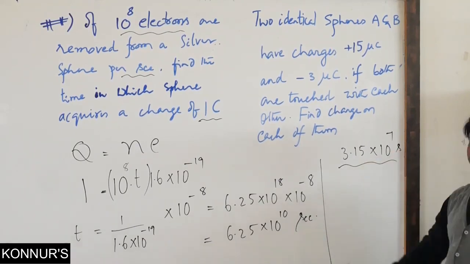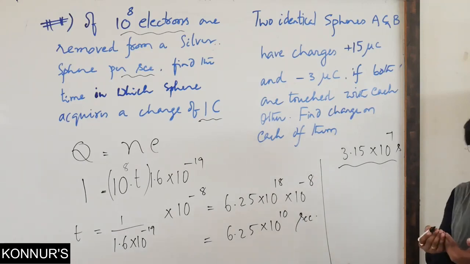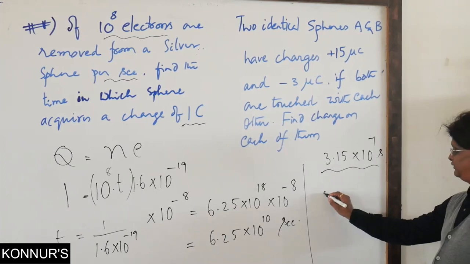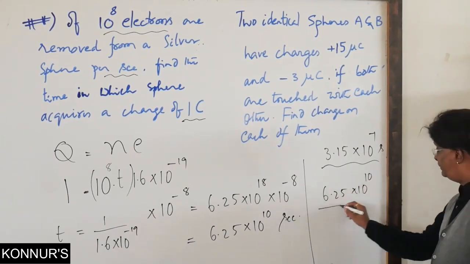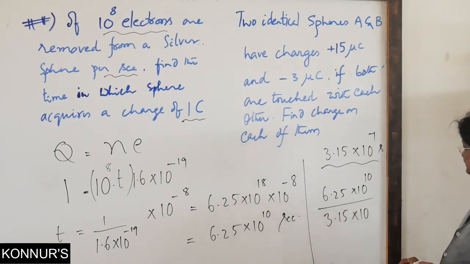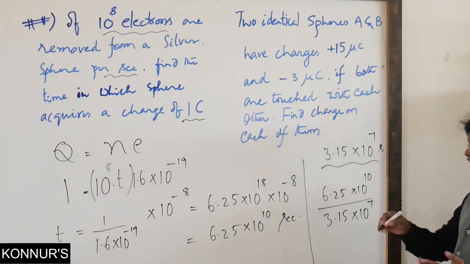Now look at this number. You have 10 raised 10. So how do we estimate the duration, that is 6.25 into 10 raised 10 divided by 3.15 into 10 raised 7? If you do that, you will get it in number of years.